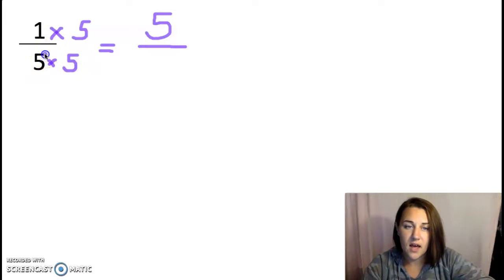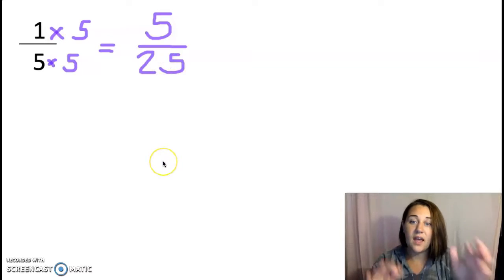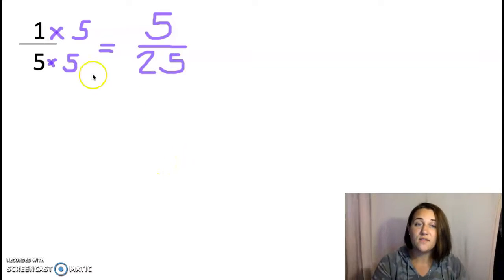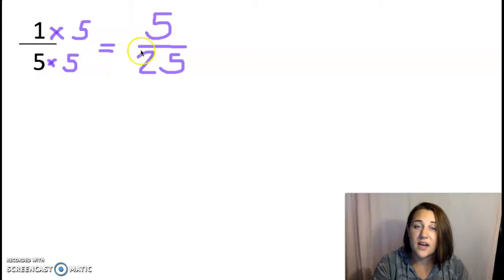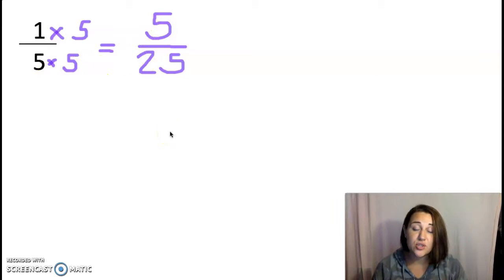Ready? So 5, 10, 15, 20, 25. That's it. 1/5 is equal to 5/25. So 1 out of 5 is equivalent to 5/25.